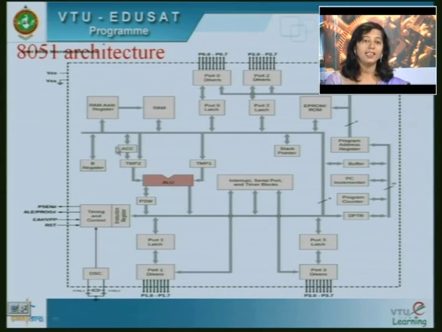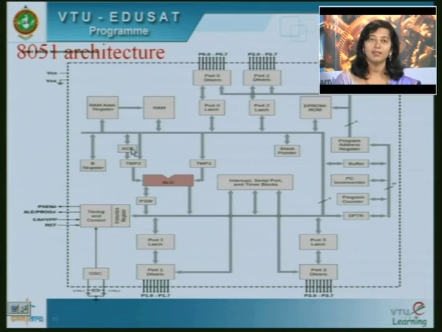This ACC or accumulator is another 8-bit register. This B is also an 8-bit register. Both A and B together are used to perform basic arithmetic and logical operations. So when an arithmetic operation is performed, it almost always assumes one of the operands to be in the accumulator or the A register.